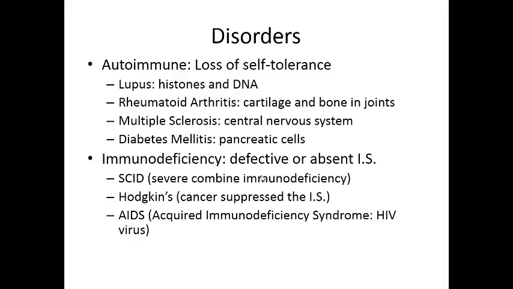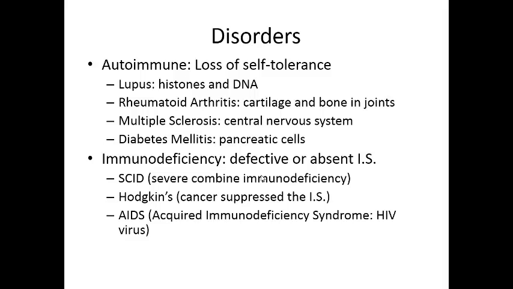There are also immunodeficiency disorders. This is where you have a defective or an absent immune system. The first one is called SCID, S-C-I-D, severe combined immunodeficiency. This is when an individual is born with an extremely weak or defective or totally absent immune system.